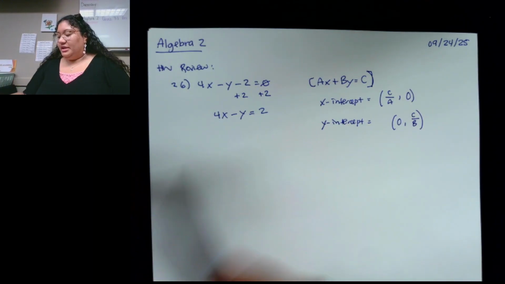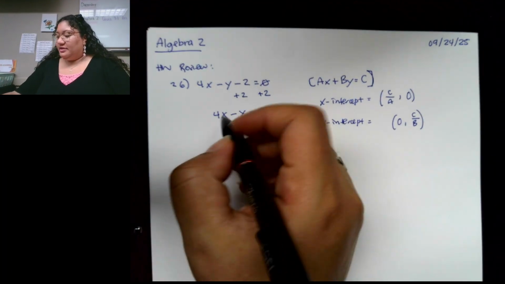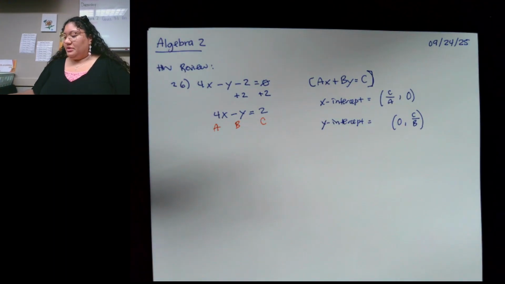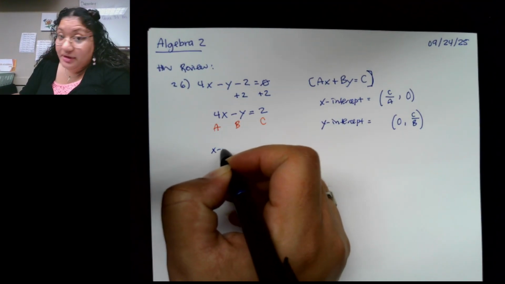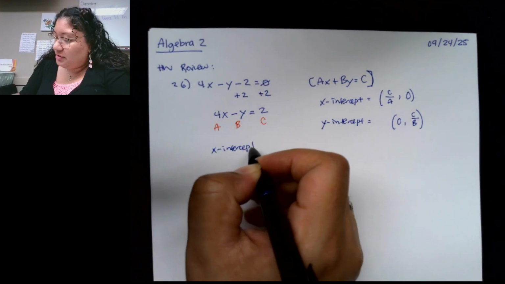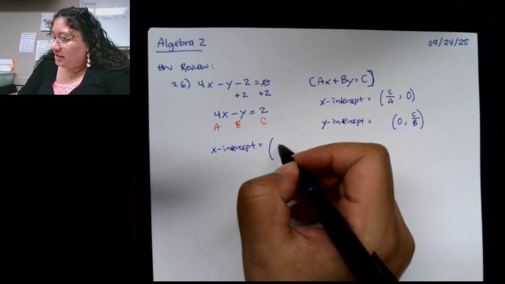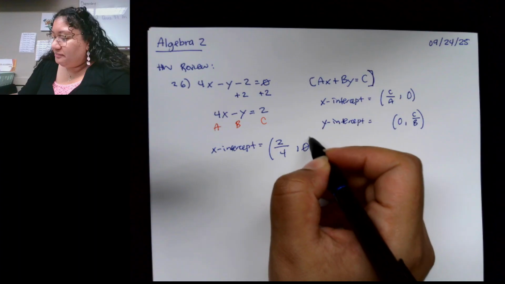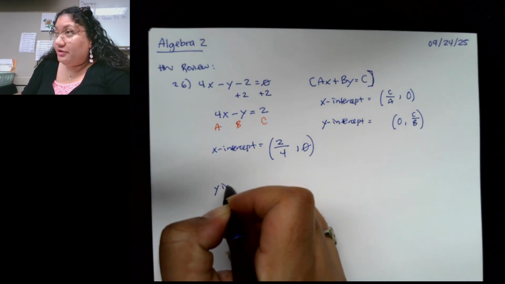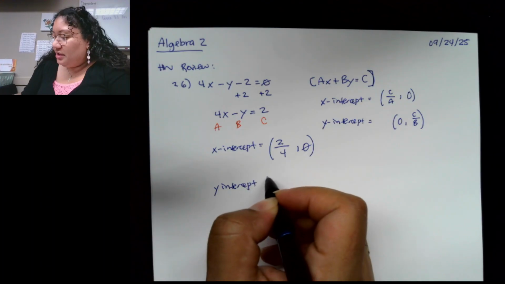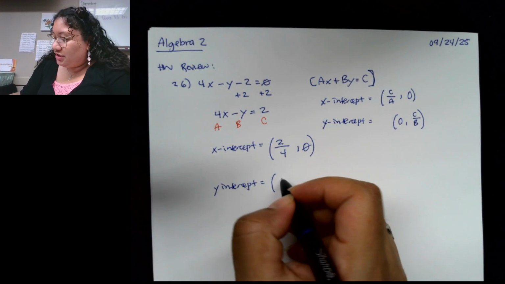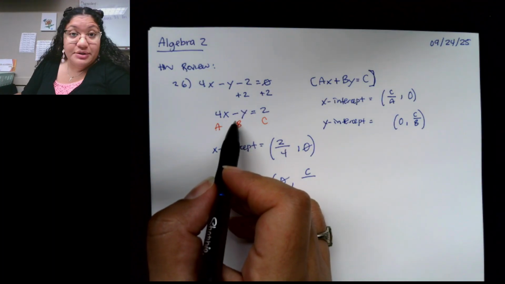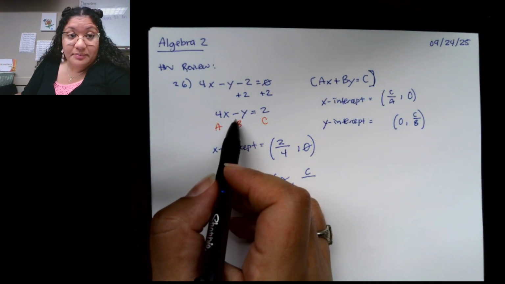So in this situation, this is my a, this is my b, this is my c. My x-intercept is 2 over 4, comma 0, and my y-intercept equals 0, comma 2 over, if there is no number, what secretly is right there?